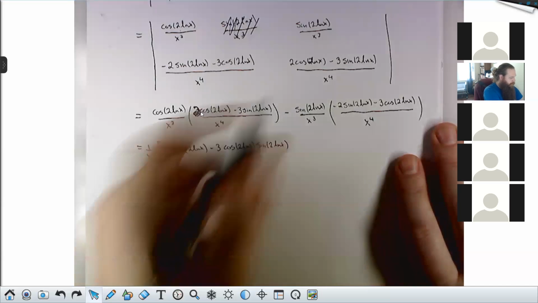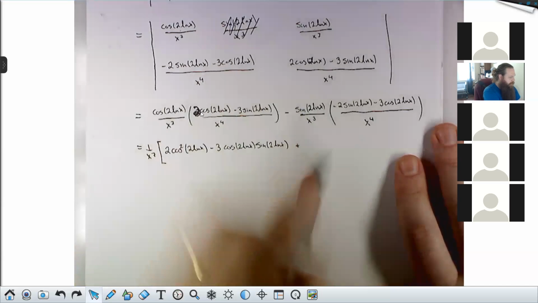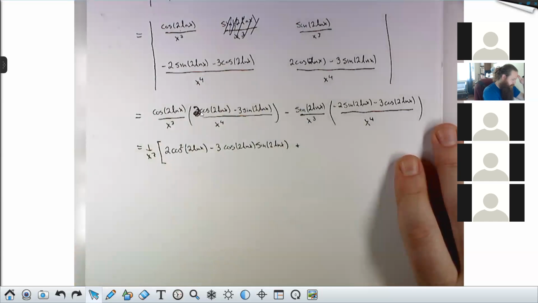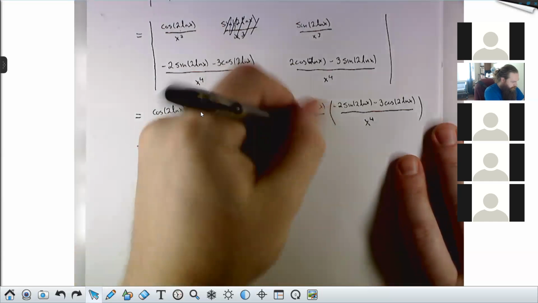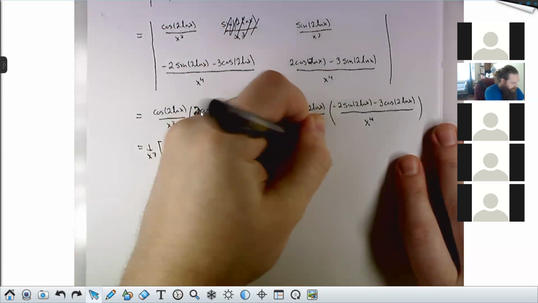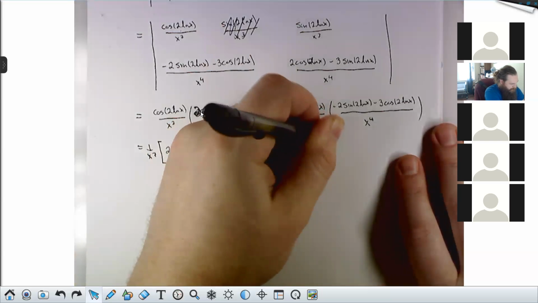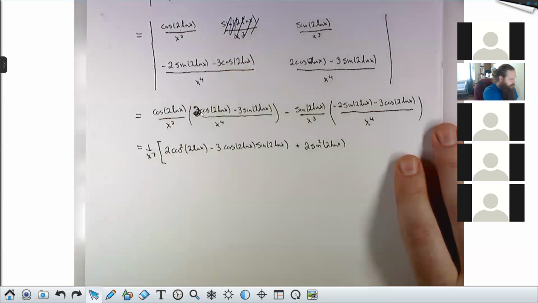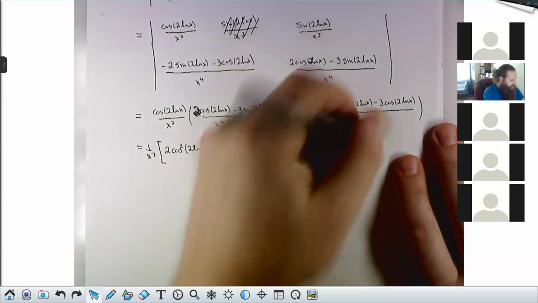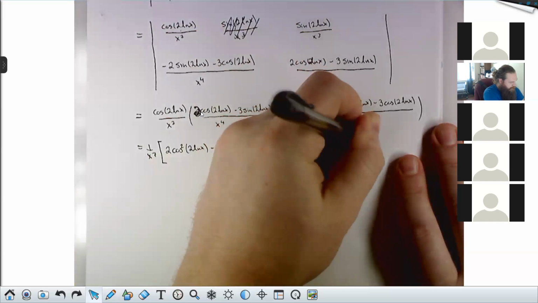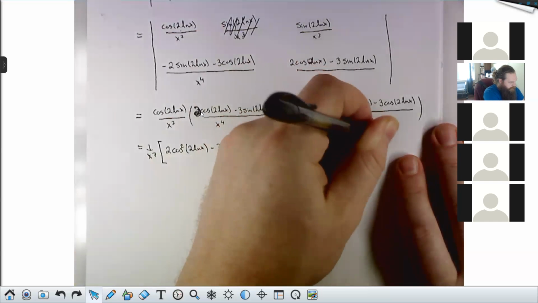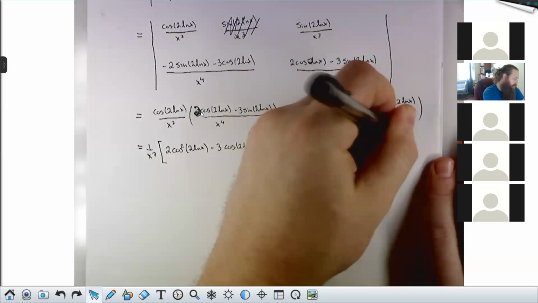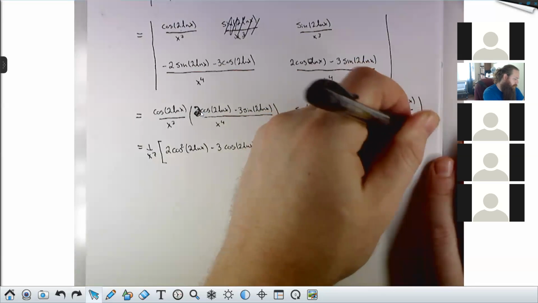Bring that out. That will make this plus. And then distribute sine 2 ln x to this. And I'll get 2 sine squared 2 ln x plus 3 sine 2 ln x cos 2 ln x, or plus 3 cos 2 ln x sine 2 ln x.